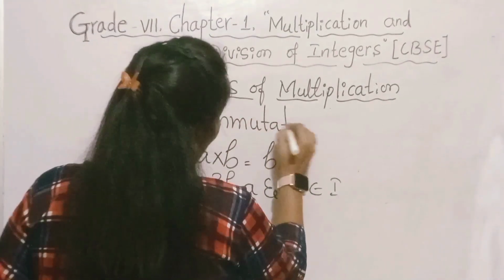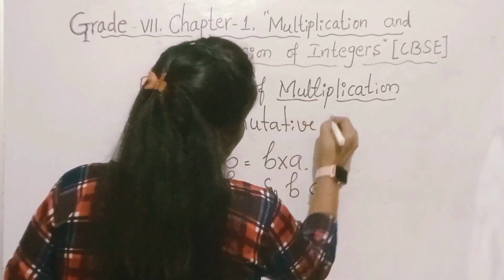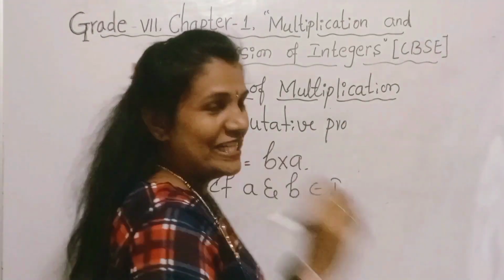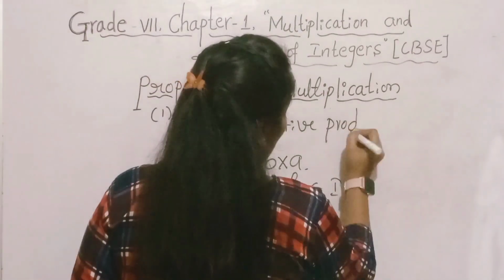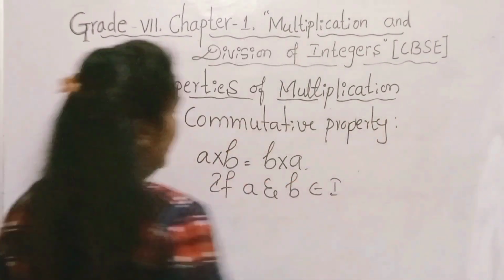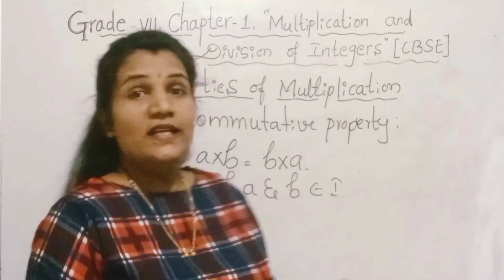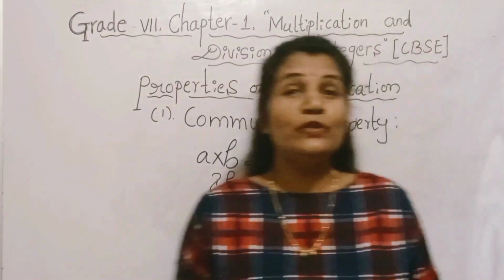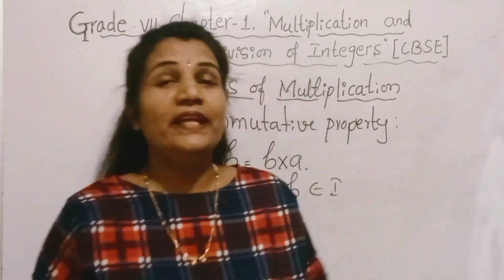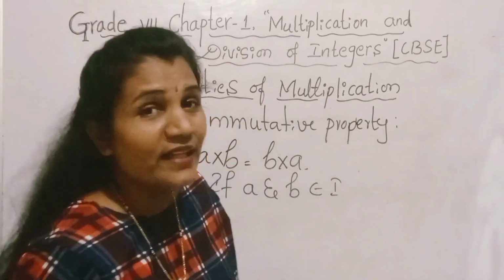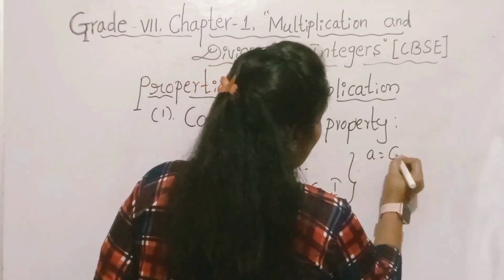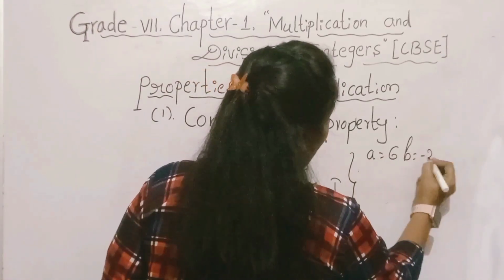Commutative property of multiplication of integers. Here the commutative property says if a and b are any two integers, then a into b is equal to b into a. Let me check that property by taking two examples. a is equal to 6, b is equal to -2.